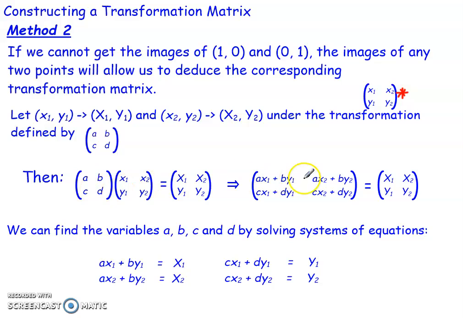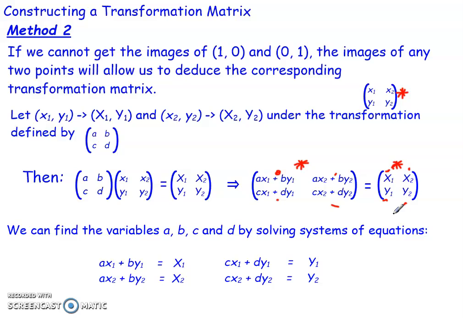To do the matrix multiplication, I would end up with this system equals that, and then equate the corresponding terms. So I could equate this to x1, this to x2, this to y1, this to y2. What I then get is a system of equations where if I solve them for A, B, C, and D, I'm able to determine the transformation matrix.